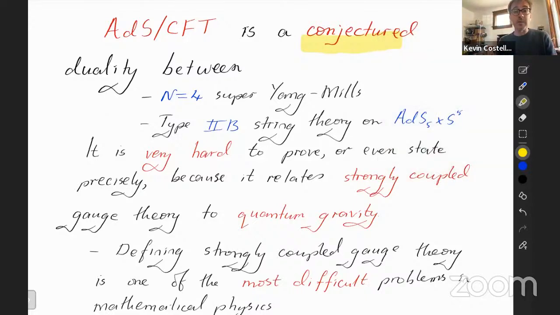It's a conjectural duality between N=4 super Yang-Mills and type IIB supergravity on AdS5 times S5. The reason one should view this as conjectural is that both sides of the duality are incredibly difficult to understand.